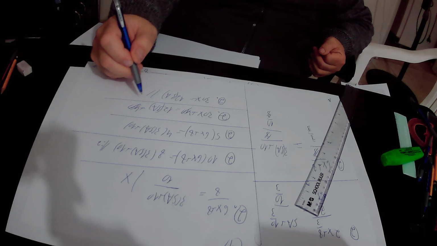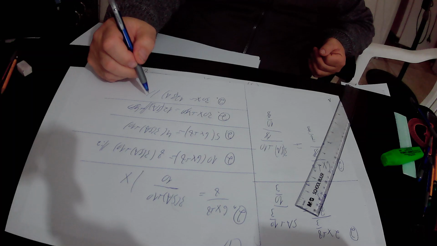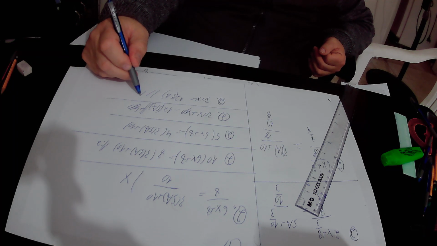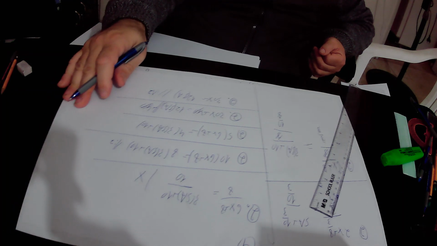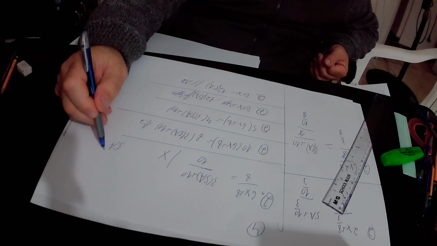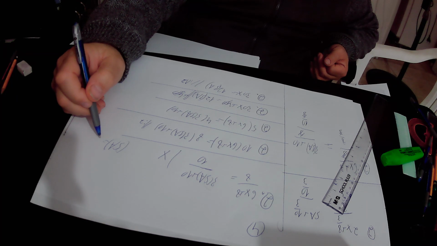So 30x equals 12SA. Here we divide this equation 2 by 12, and we get that according to equation 2, SA equals 30 over 12.